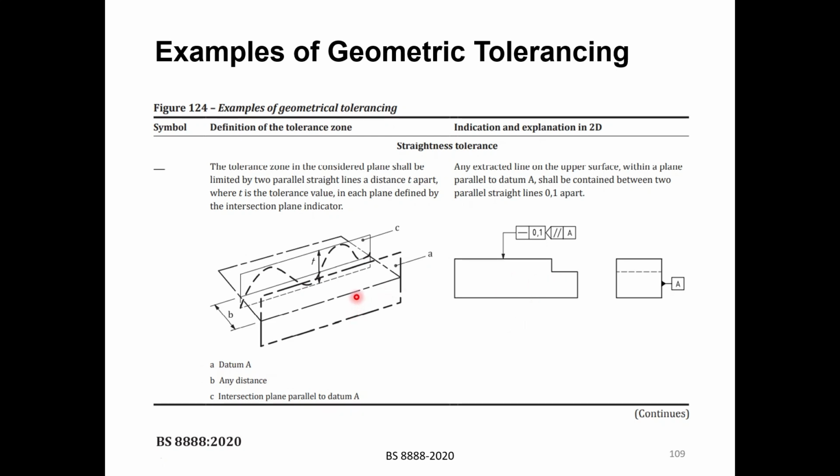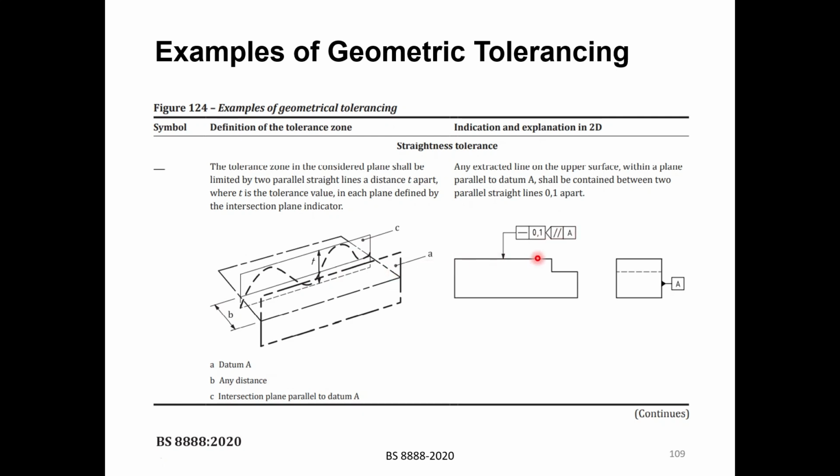It says that at any distance b, you create an imaginary plane C. So this plane here should be parallel to A. Parallel to A here means that the imaginary plane you are going to create should be parallel to A. Okay, so we're done with this part.